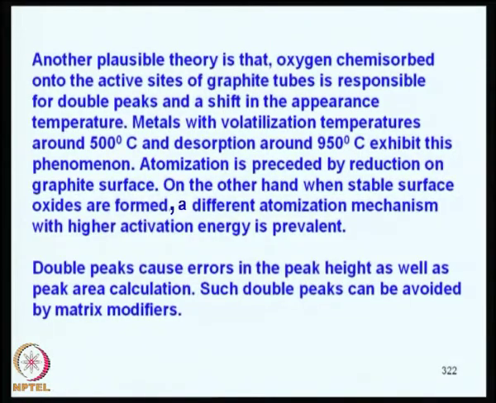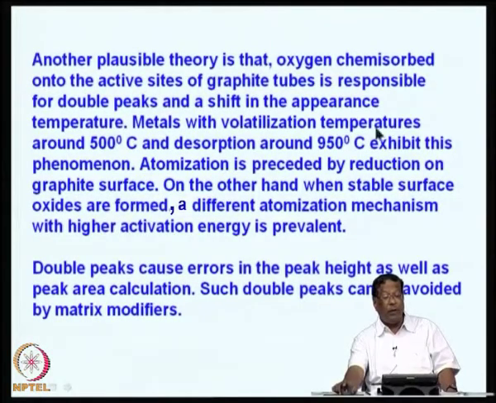Another plausible theory is that chemisorbed oxygen onto the active sites of the graphite tubes is responsible for double peaks, and a shift in the appearance temperature also is possible.